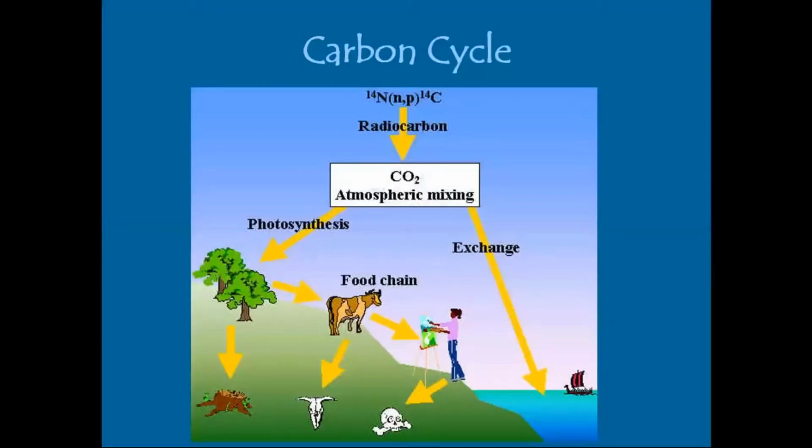I want to talk a little bit about the carbon production, radiocarbon production, and its cycle in the atmosphere. It's the basis for radiocarbon dating. In the upper atmosphere, cosmic rays bombard the atmosphere. It forms, among other things, neutrons.